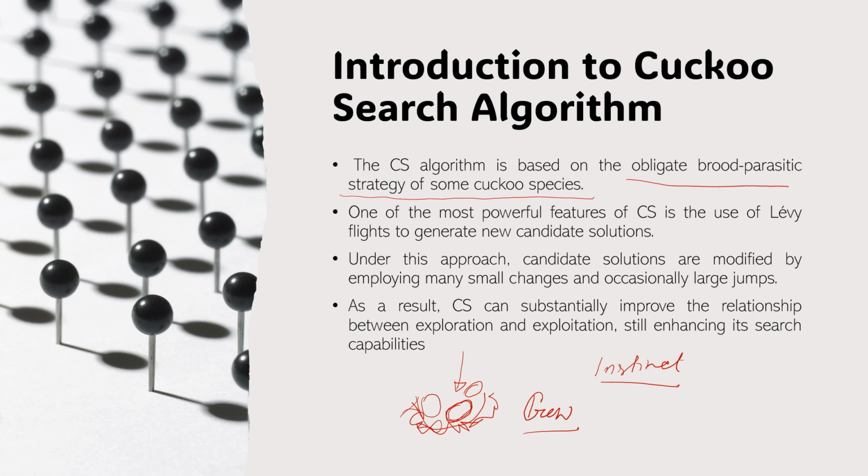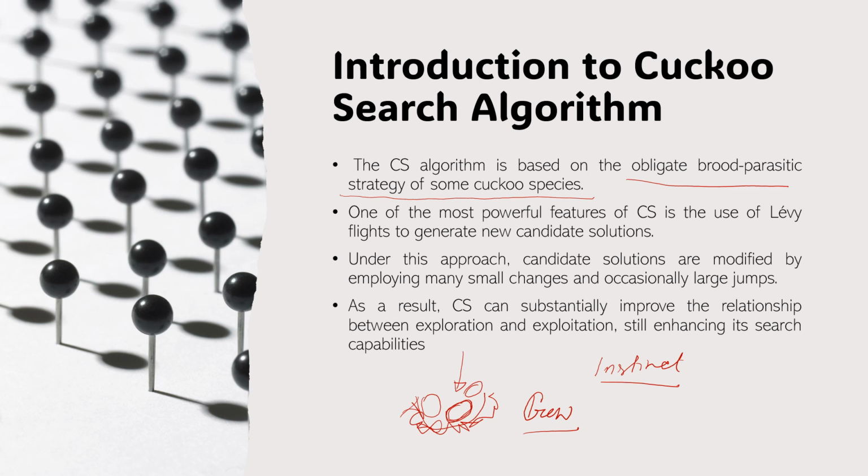So what it does is obligate, or you can say delegate, the work of hatching, nurturing, and all these activities related to the production of good offspring to a host species.